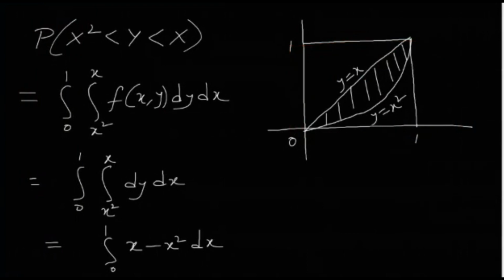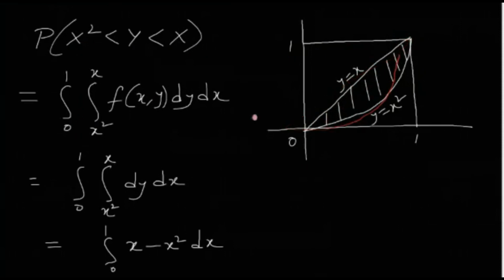Every such point contributes to the probability that Y lies between X squared and X. So basically we need to find the integral of the joint PDF over this region.